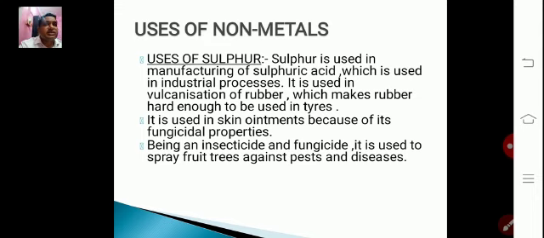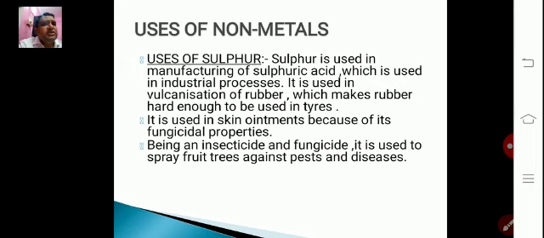Sulfur and phosphorus are used in fireworks and crackers, and sulfur is used in the vulcanization of rubber, which is used in making tires, because vulcanization is the hardening of the rubber. So sulfur is a very important non-metal used in the hardening of rubber.